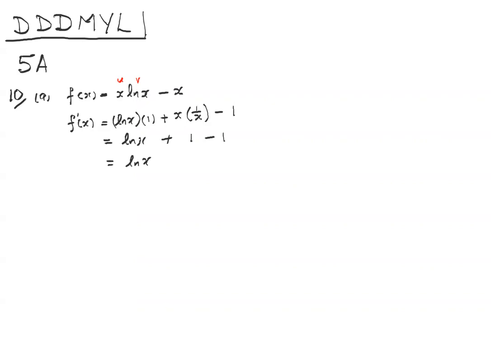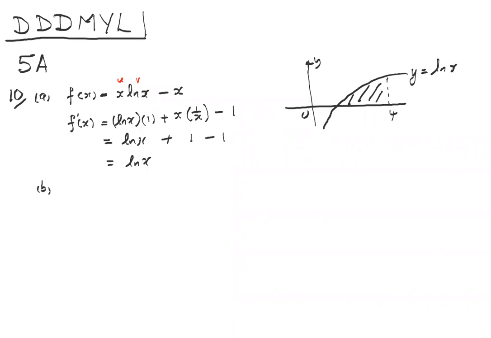So for part B, you are supposed to find the area of the shaded region, which is this part. So what you need to do is find the coordinate of this point, correct?